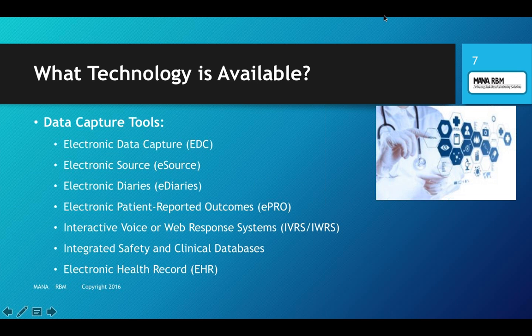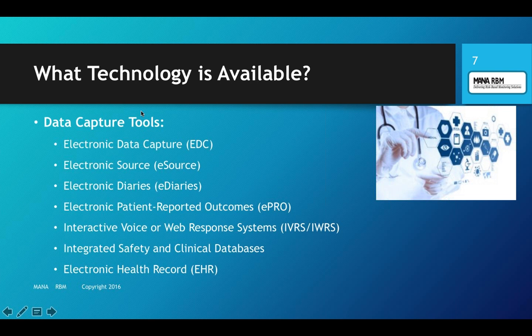So one of the things I wanted to go over with you is the huge number of technology options there are, and they each have their strengths and weaknesses. They each, even within a type of system, whether it's electronic data capture, which most of you will be familiar with, electronic source is a little bit different.